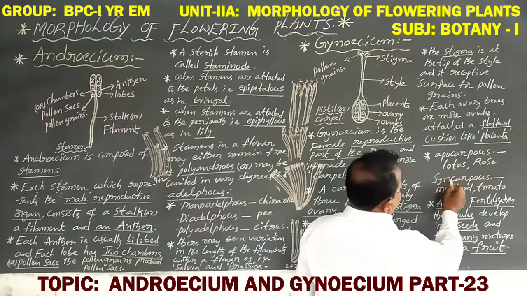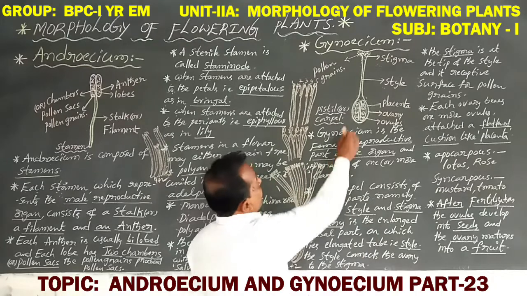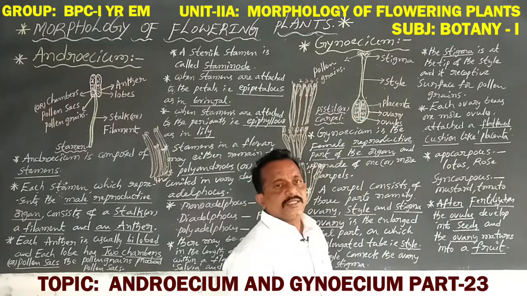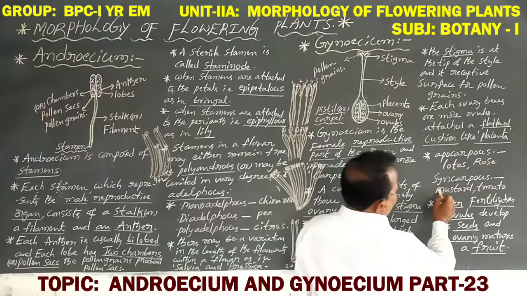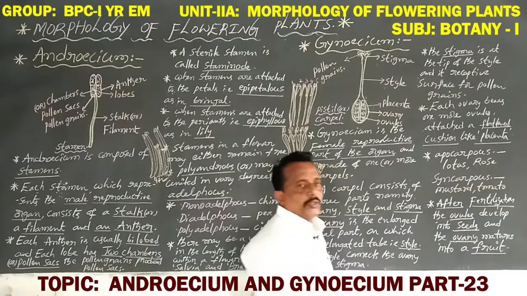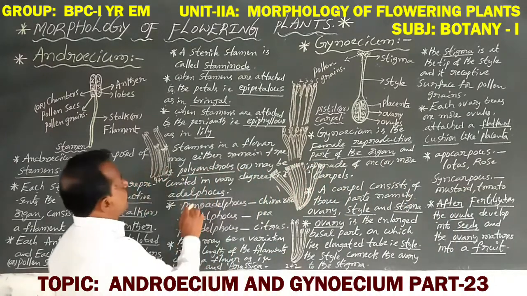And carpels may be united or fused, that is called syncarpous, as in mustard, Telugu name Avalu, and tomato. Don't get confused here.